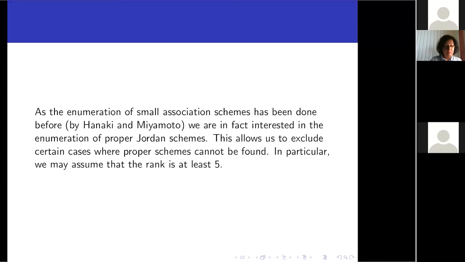So we can discard certain cases where we know that there will be no proper examples. And so, as Misha said, if the rank of a symmetric Jordan scheme is at most 4, then we have an association scheme. So we may assume that the rank is at least 5.